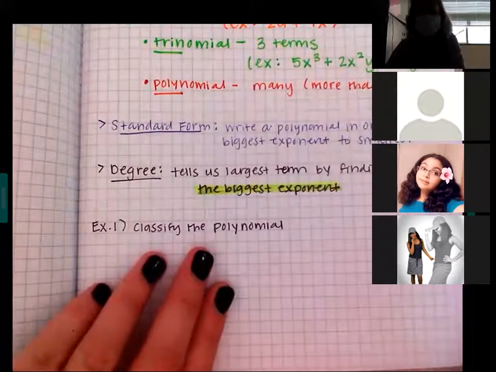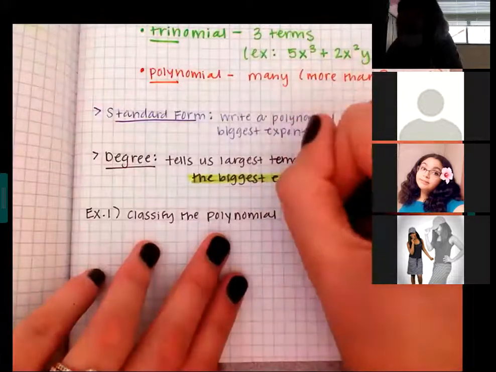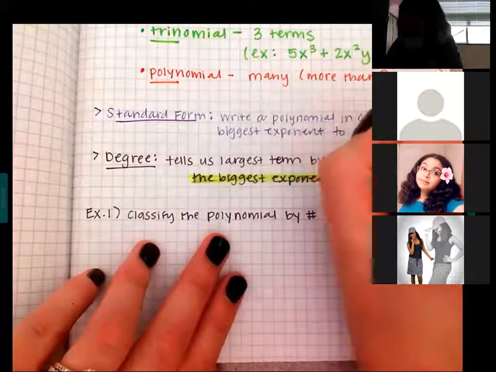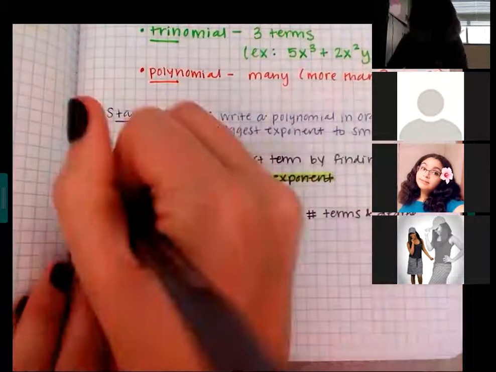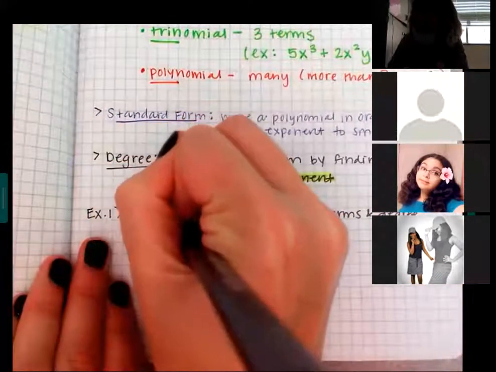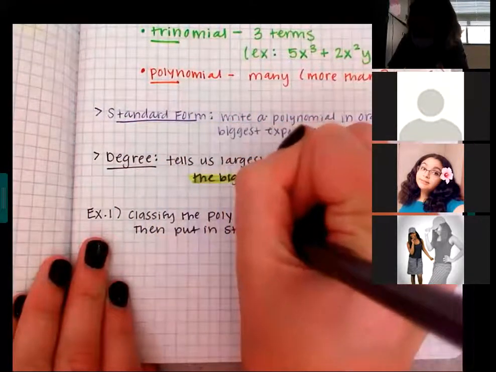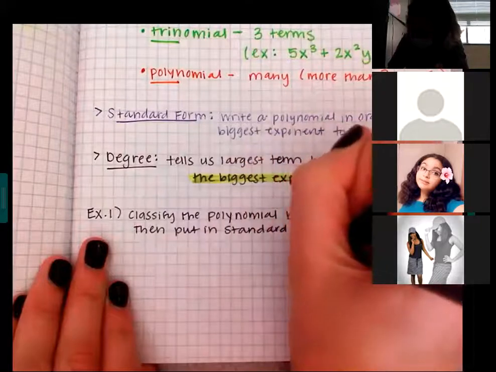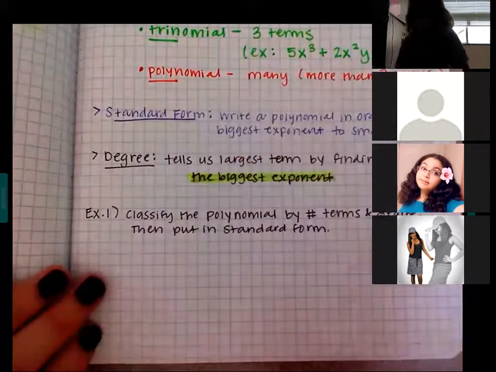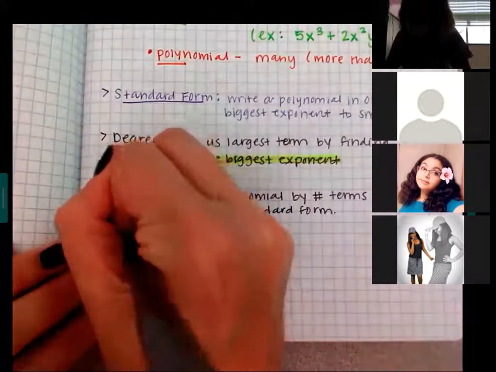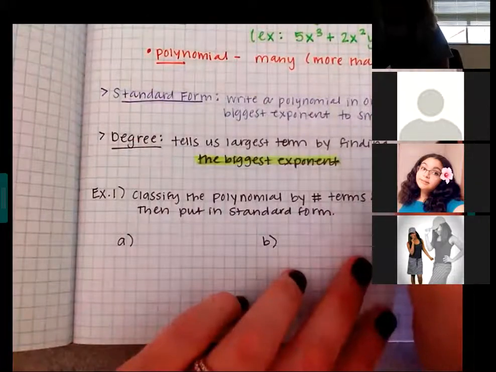Okay, so we're gonna classify the polynomial, which means name it, by number of terms and degree. Then we're gonna put it in standard form. Everybody okay with that? All right. So I'm going to do a A and a B, and I'm going to have y'all try C.